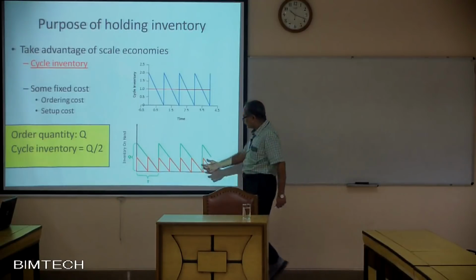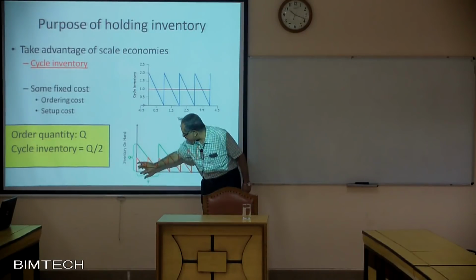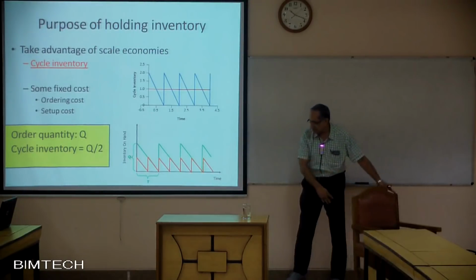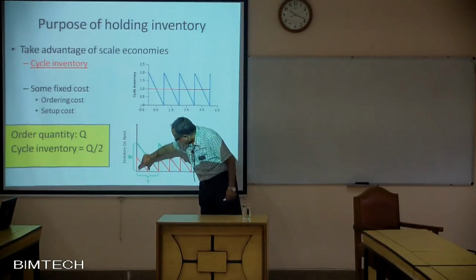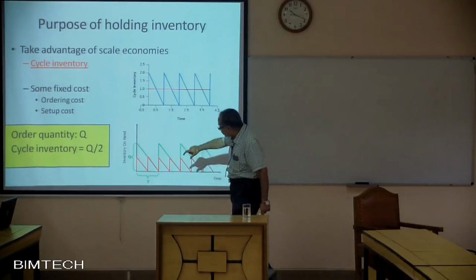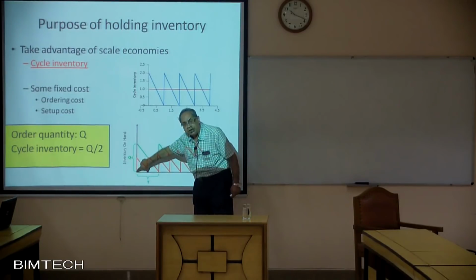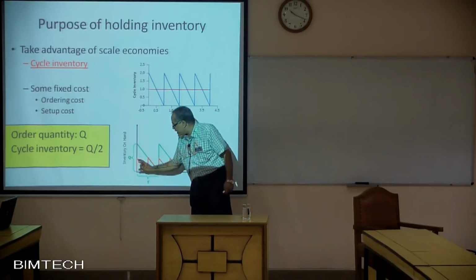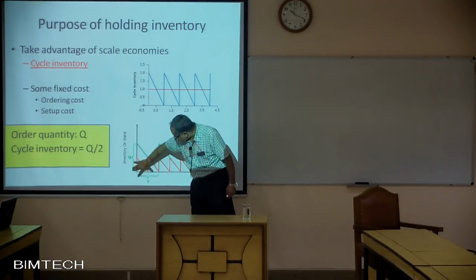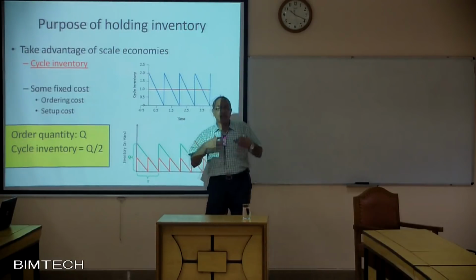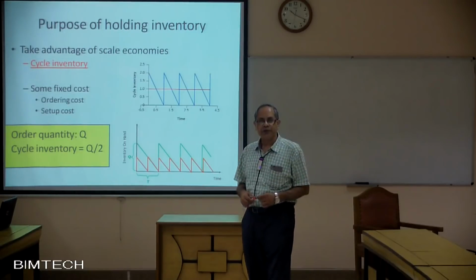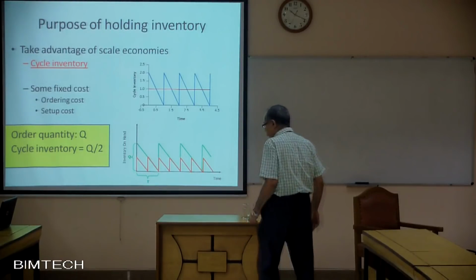For example, if I look at the smaller quantity, represented by the red triangles, then we will find that the cycle also has reduced. The period has reduced. So the average demand for that period is this. Okay, you order something bigger when the cycle or the period increases, and the average demand for this is this, because that is the total consumption that is happening during that period. Okay, good. So we move on.